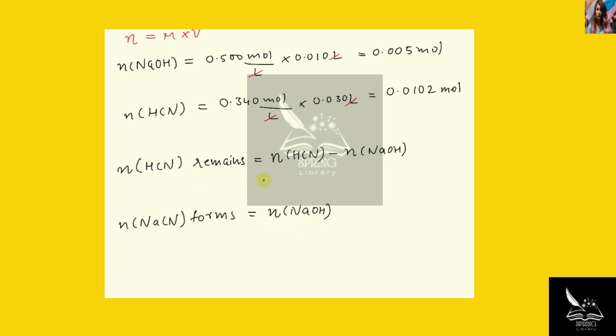Now we can substitute the values here. On solving this, we get the moles of HCN remaining in the solution equal to 0.0052 mole.